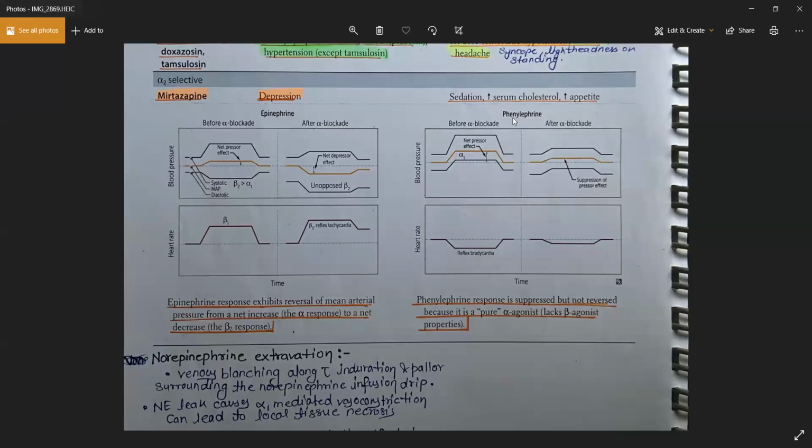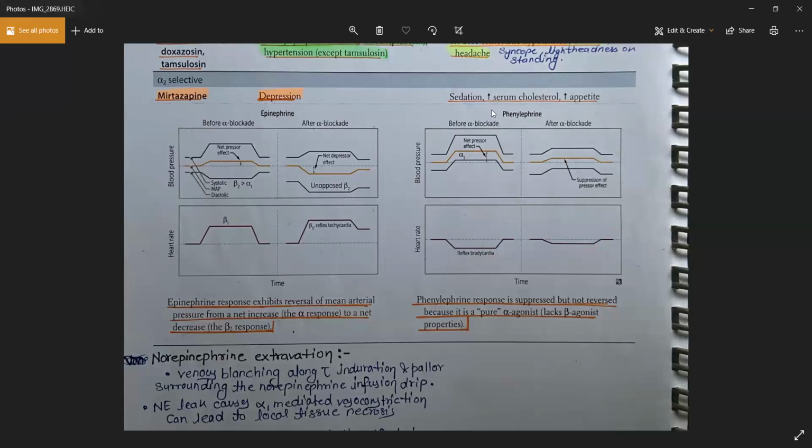Similarly, in the case of phenylephrine, what effect does it have? Phenylephrine, which receptor? Only alpha 1. So you will get an increase in the diastolic blood pressure because of vasoconstriction. Because of reflex bradycardia, loss of cardiac output and massive vasoconstriction, you will get a net increase in the systolic BP and a net increase in the mean arterial pressure. But once you inhibit this alpha effect, and this drug does not have any beta effect, they just have the alpha effect.